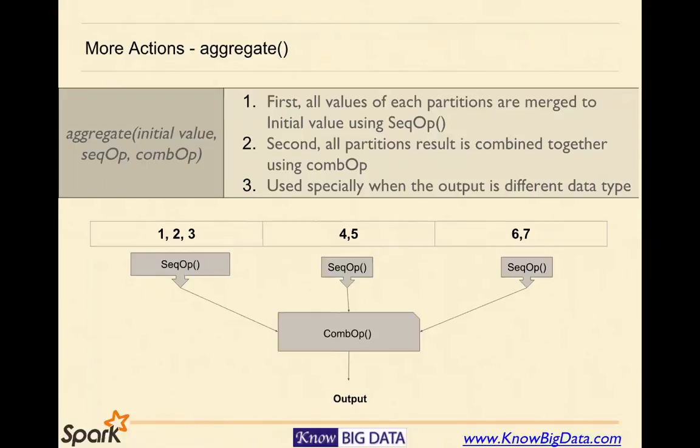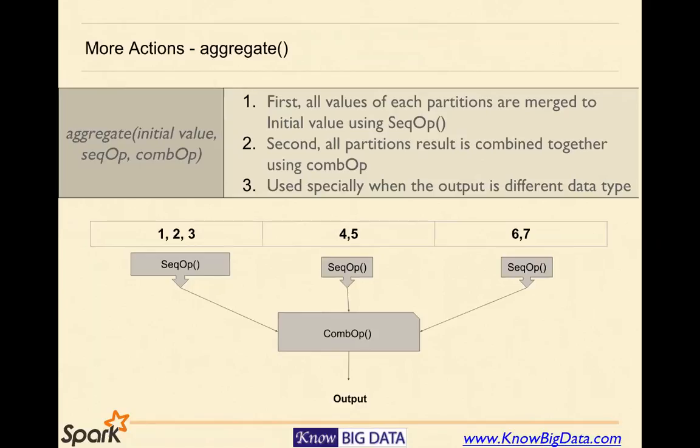So the return value and both arguments of reduce should be exactly the same data type. That's not a great thing, because that restricts us from many things. And that's where a very generic function called aggregate was created.